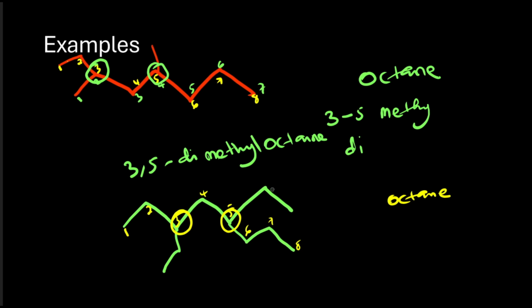So our substituent is ethyl here, and then we have another ethyl here. So the same way, we have 3, 5 diethyl octane as our alkane.